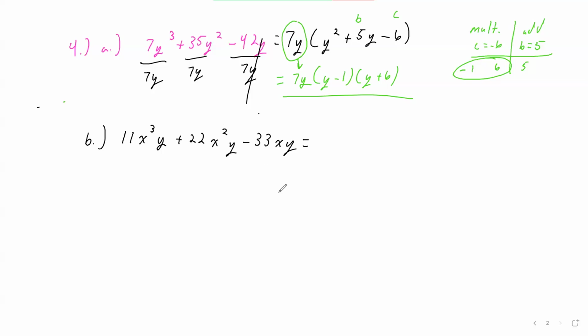So it'd be what? 11 I can agree with because 11 goes into 22 and 33. X, yes, but not x to the third power. What would the x be?